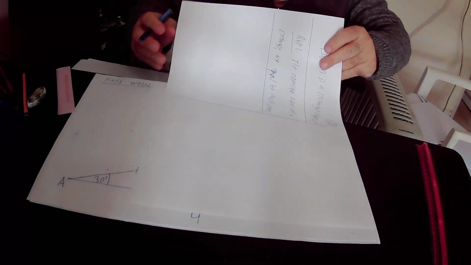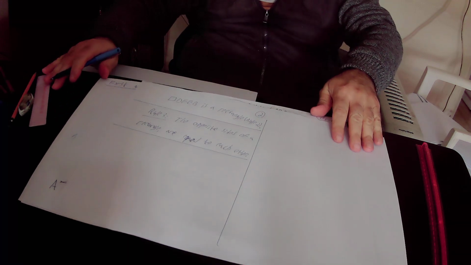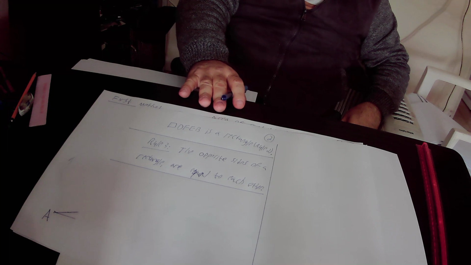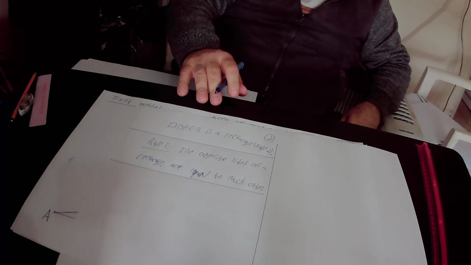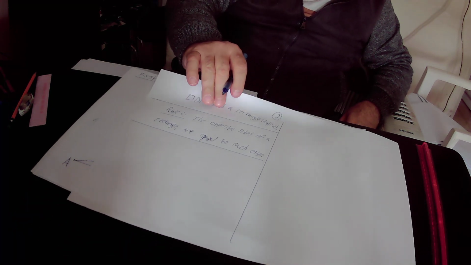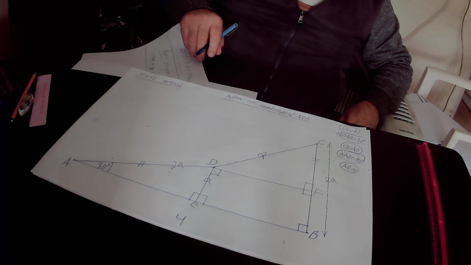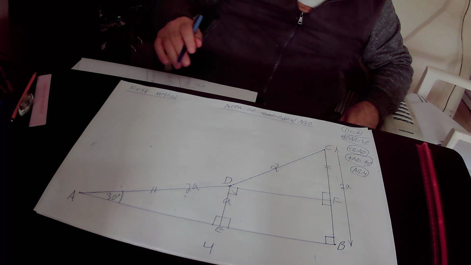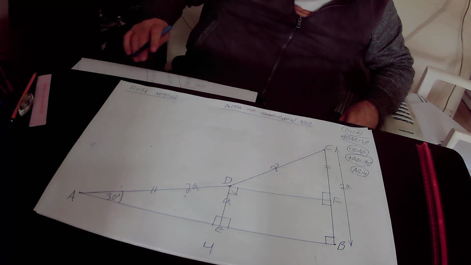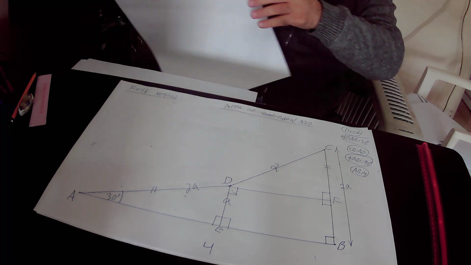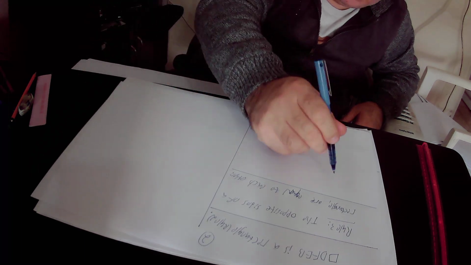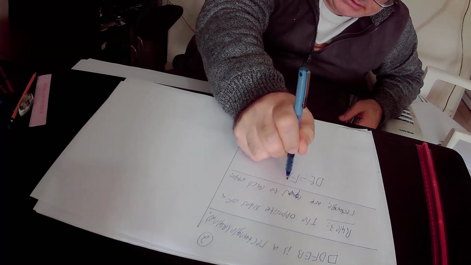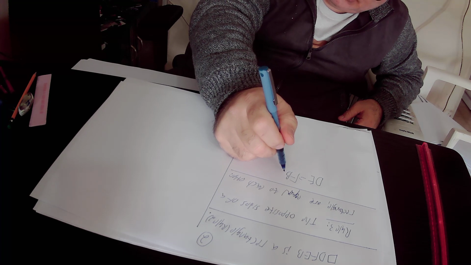So I repeat rule number 3 again. According to rule number 3, the opposite sides of a rectangle are equal to each other, so it means that the opposite sides of rectangle DFEB are equal to each other. That is to say, DE equals FB, according to rule number 3.